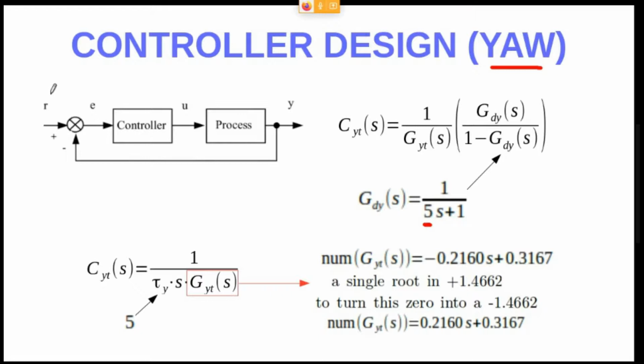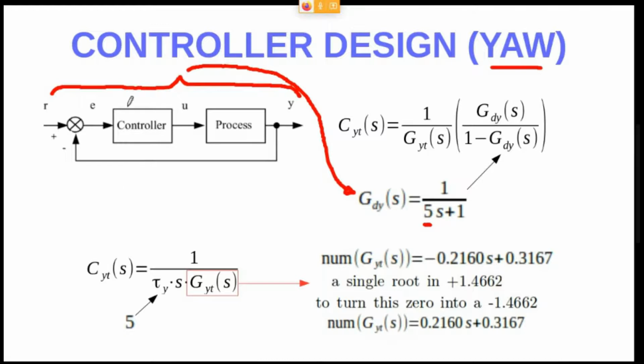We know how the controlled loop must behave, must perform, that is this, right? And we isolate the controller because we know this transfer function from the identification procedure. We know this because it depends on our specification for the controlled loop, and the only unknown variable here is a transfer function, the controller, right?